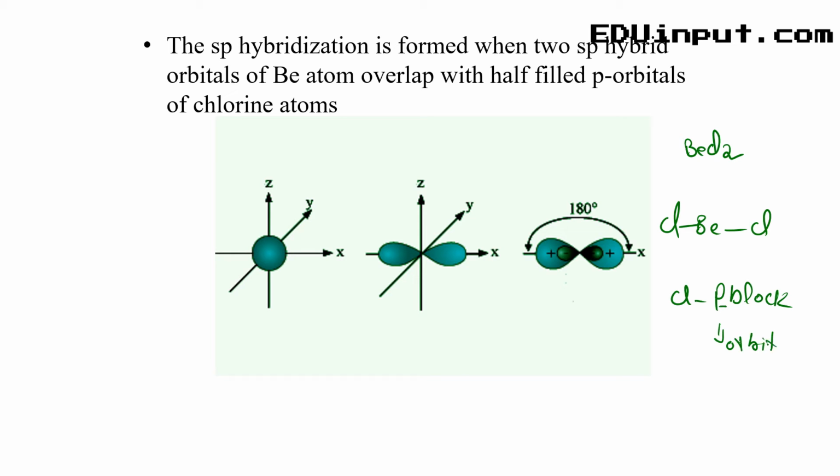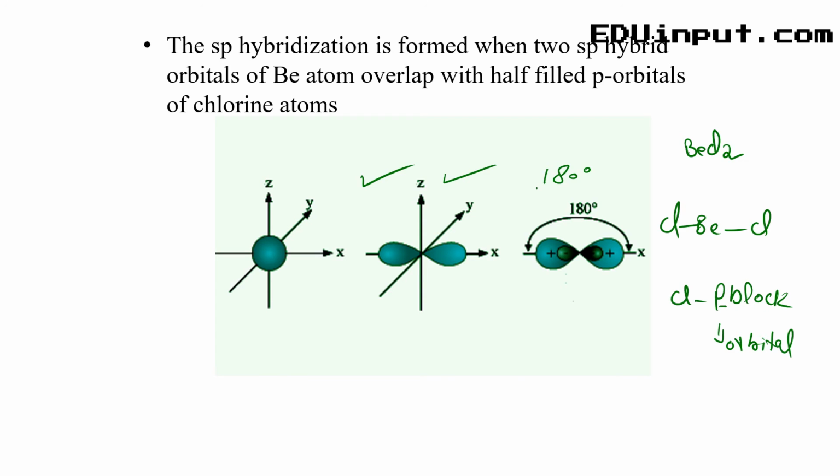So definitely the valence electrons are in a half-filled atomic orbital that is going to combine with the beryllium sp hybridized orbitals. So we can see in the structure that there is an angle of 180 degrees.